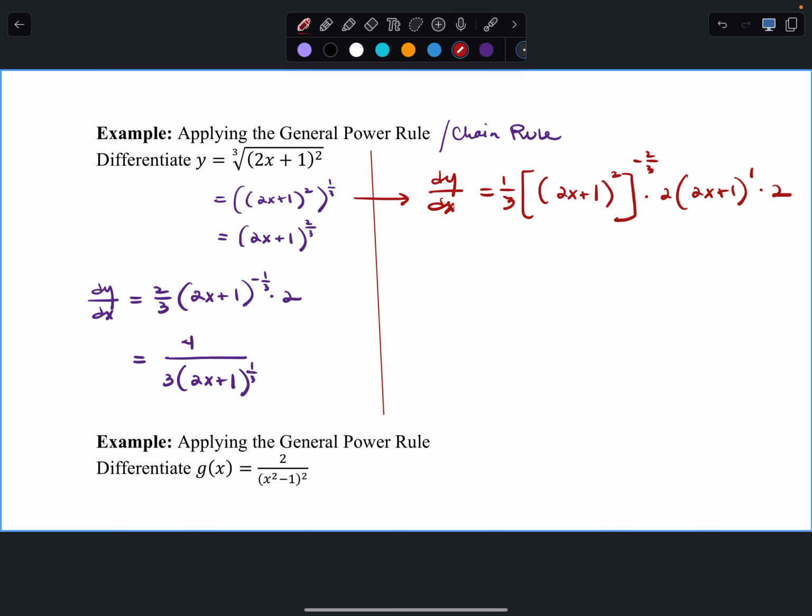Minus 2. Oh, you have to do 1 over. And then you do x squared minus 1 to the power of negative 3 times 2x. 2, okay, so what is that? Minus 4.